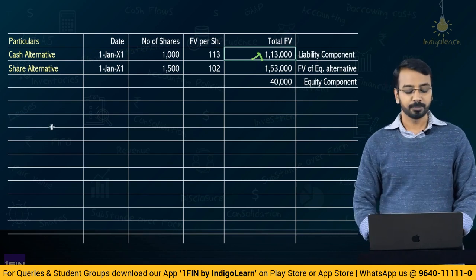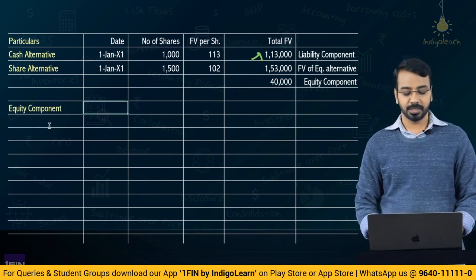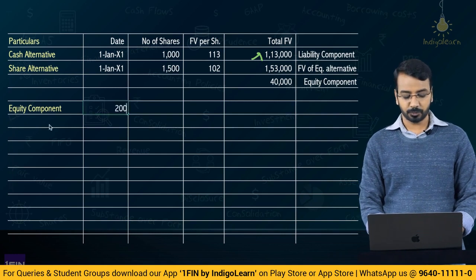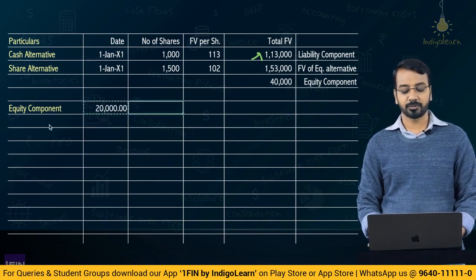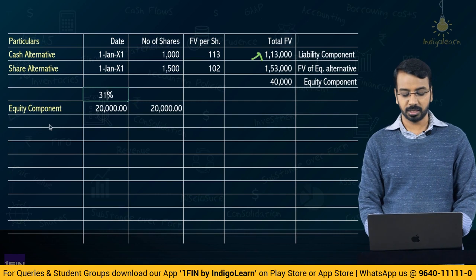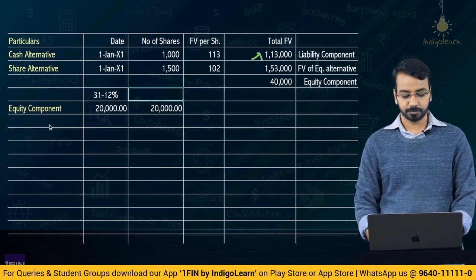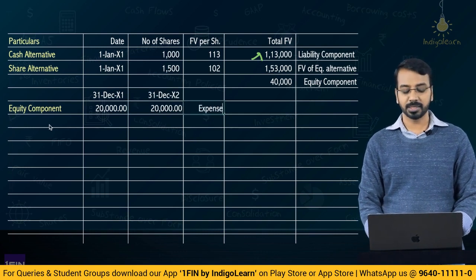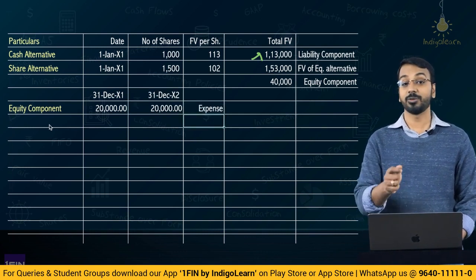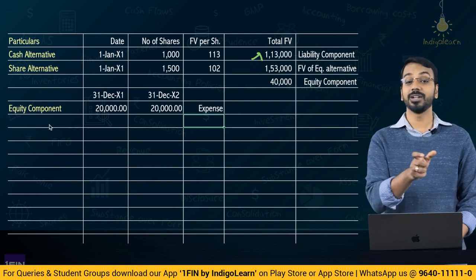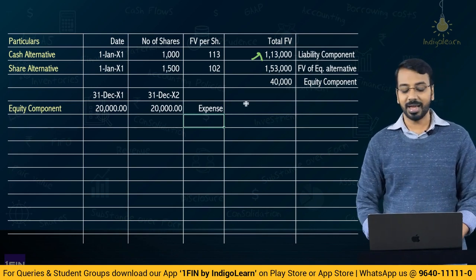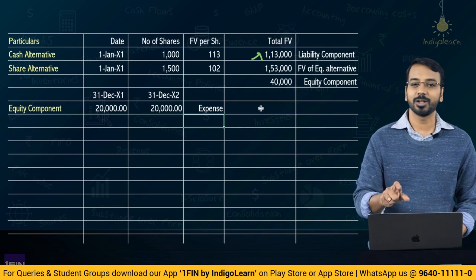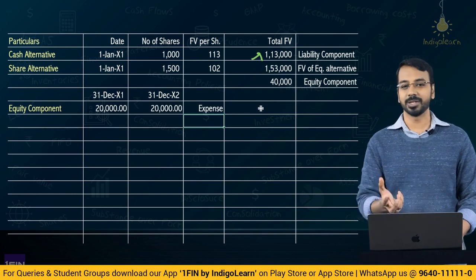As far as equity component is concerned, you will have expense of 20,000 in year 1 and 20,000 of expense in year 2, on 31st of December of year 1 and year 2. This value will not change because for equity component we do not remeasure.